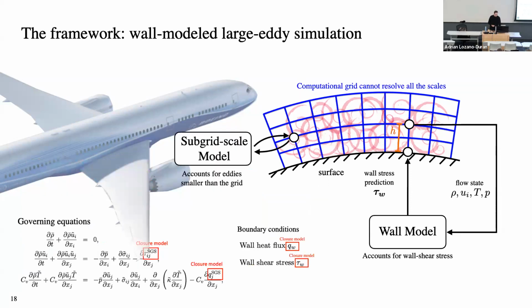So the equations that we solve look like Navier-Stokes. The governing equations are conservation of mass, energy, and momentum, in compressible form. And then we have the boundary conditions, that is, the wall fluxes and heat fluxes. What I'm showing in the equations there, maybe you are familiar with, because these are just LES equations that look almost like Navier-Stokes, plus a correction term. And in the red boxes, I have the closure models.